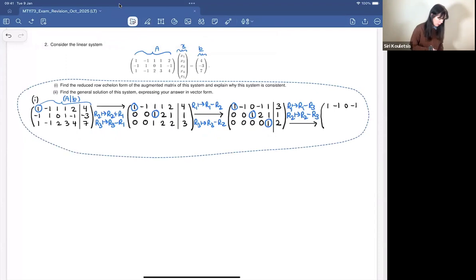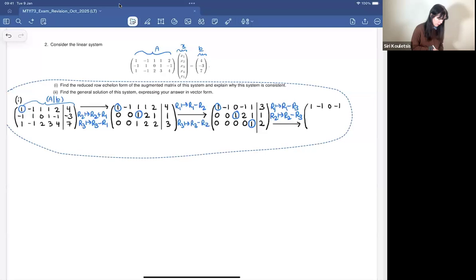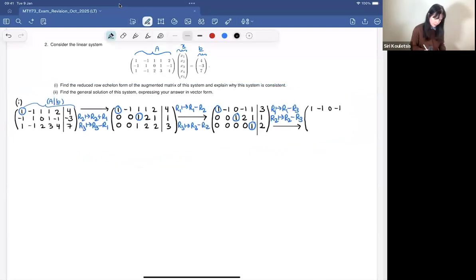Just move all of this a little bit to the left. And now we are in reduced row echelon form.